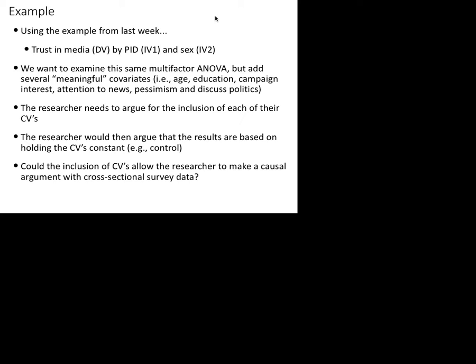X and Y are correlated. And this really doesn't get us down the path any further in terms of making the causal argument, because with just the ANOVA, we might be able to show that X and Y are correlated, right? That there's a relationship between the independent variable and the dependent variable.